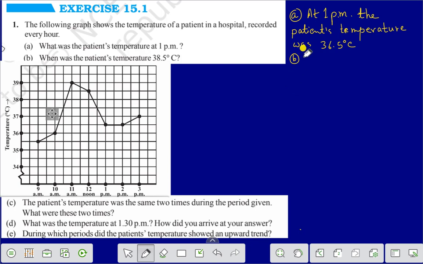Therefore we can write the patient's temperature was 38.5 degrees C at 12 noon.